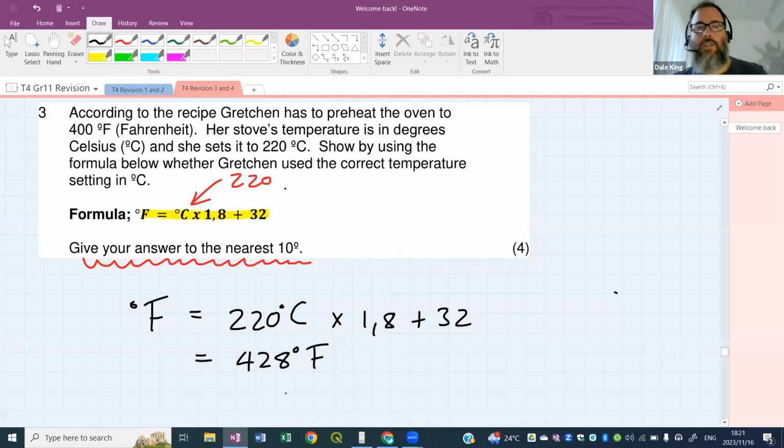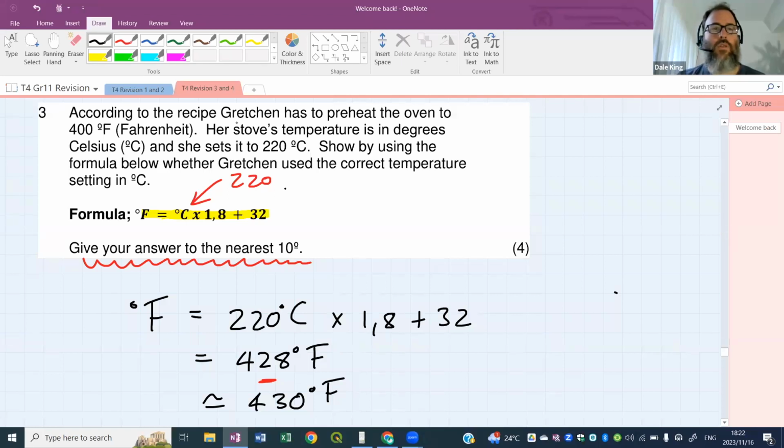Now, the question said we have to give our answer to the nearest 10 degrees. So we have to look at this 2, right? And check if it changes. And because there's an 8 next to it, this should give us 430 degrees Fahrenheit, if we round that off to the nearest 10.